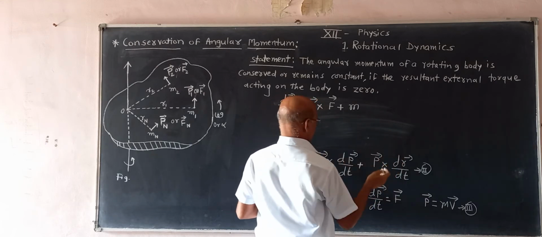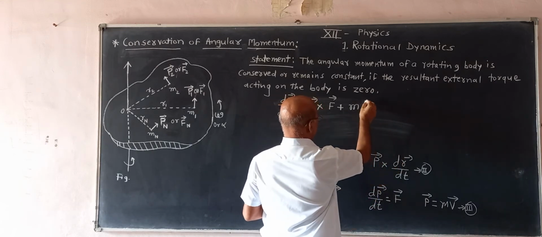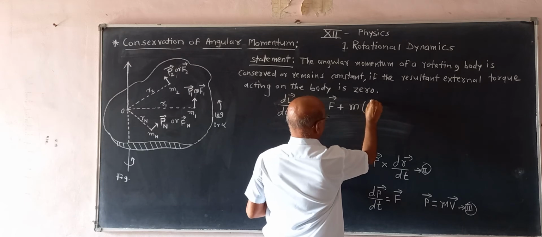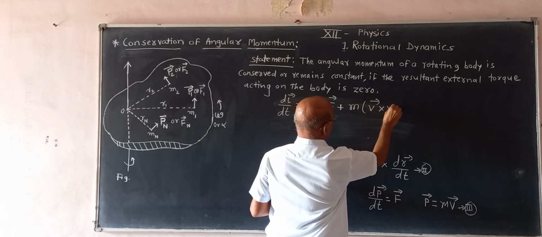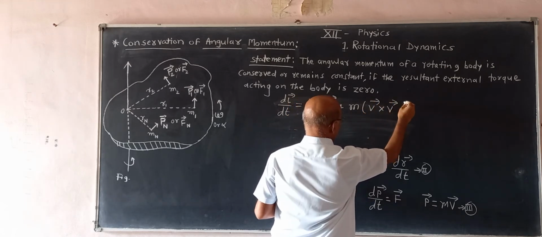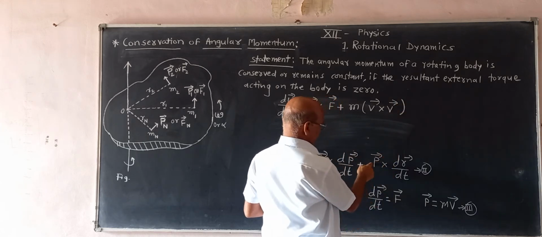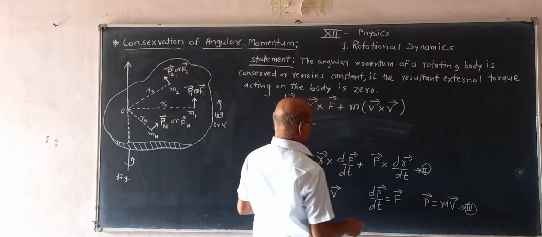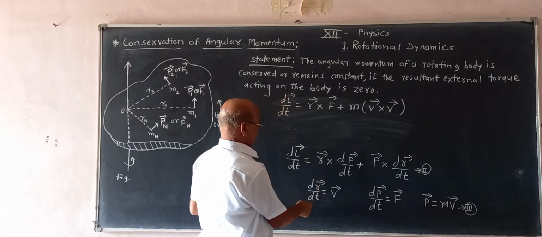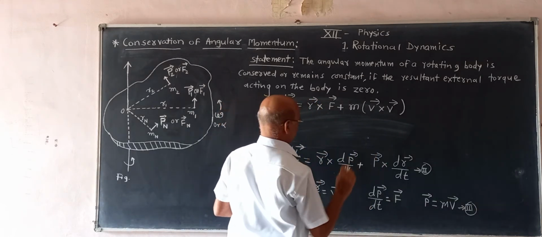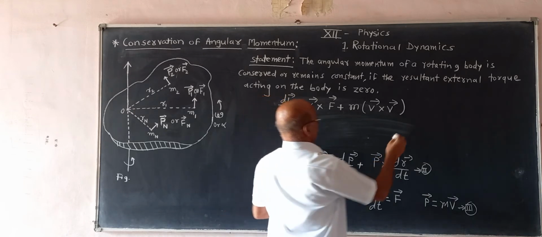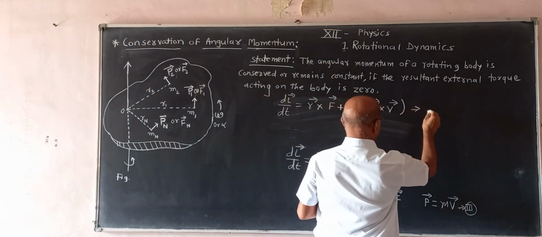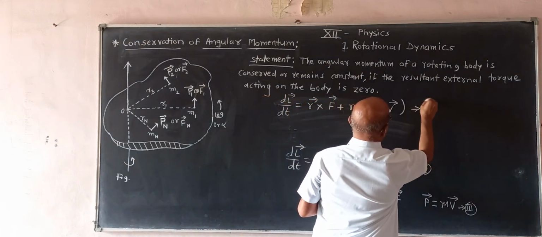So this term becomes m into v cross v. The value of vector p is m v vector and dr by dt is vector v. Suppose this is equation number 4.